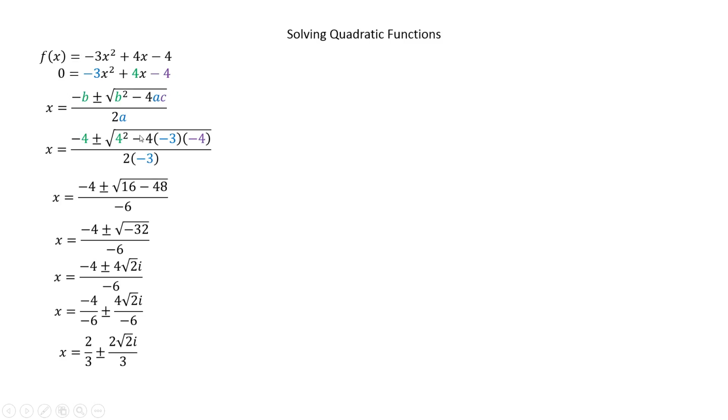Plugging it in, you could have probably done 4 squared all in that same step. And in fact, you may have even been able to multiply all this together in the same step. We can add that and split them up at the same time. You can combine some of these steps. I was just showing every single step.